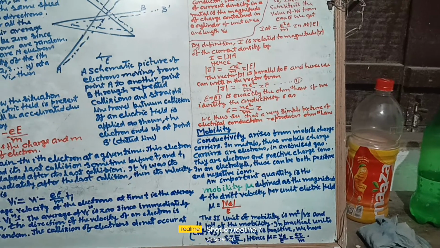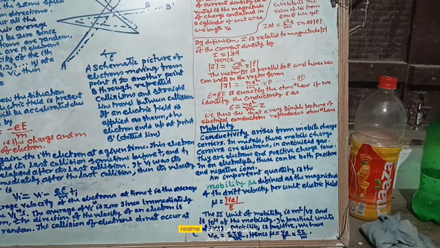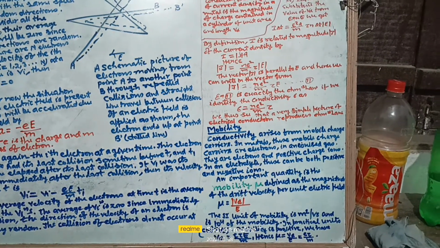An important quantity is the mobility mu, defined as the magnitude of the drift velocity per unit electric field: mu = |V_d|/E.